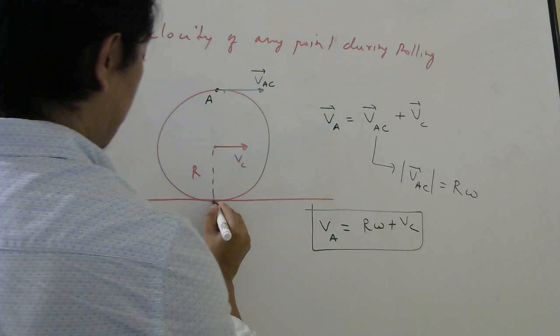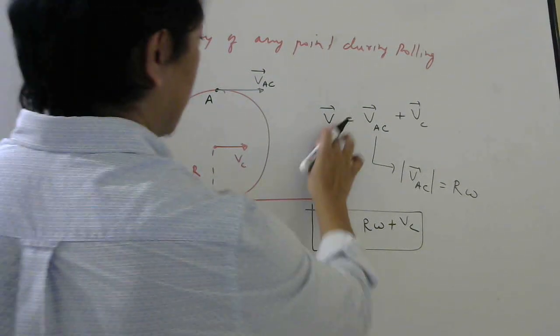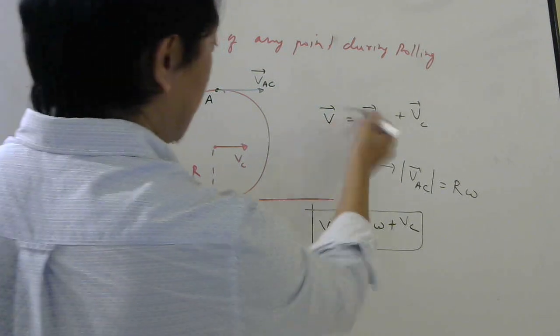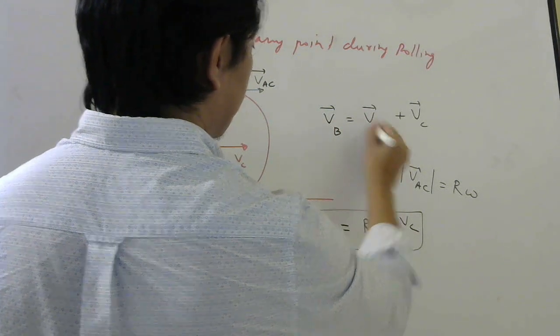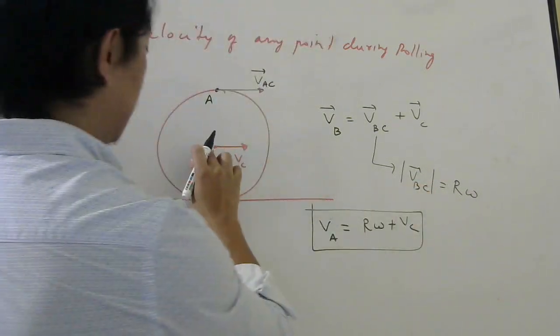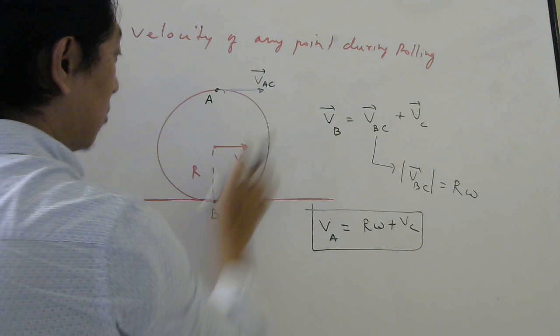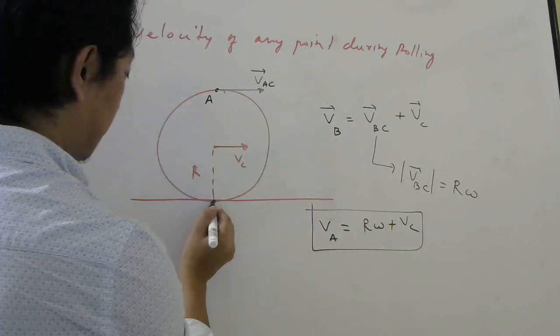Similarly, if I choose this point B, then this will become B. You have to write it down, otherwise I am changing the symbols quickly. And the velocity of point B with respect to center of mass. Every point will go round, so it will be r omega only. But the direction of this will be this side.